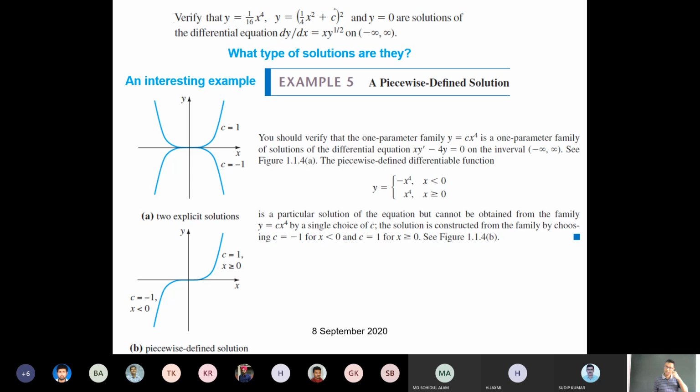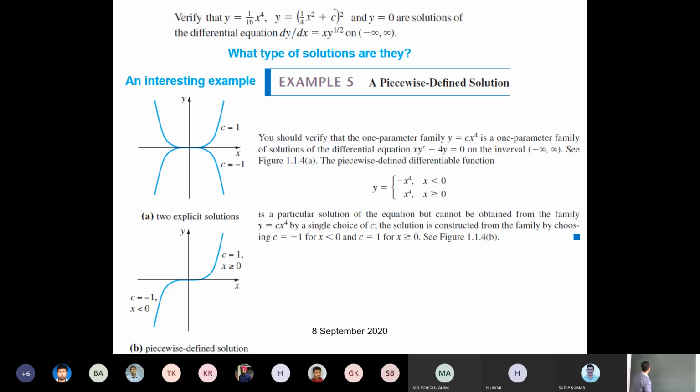Okay. So in our last class, we were talking about the classification of ODE in terms of linearity, and then we were talking about different types of solutions.